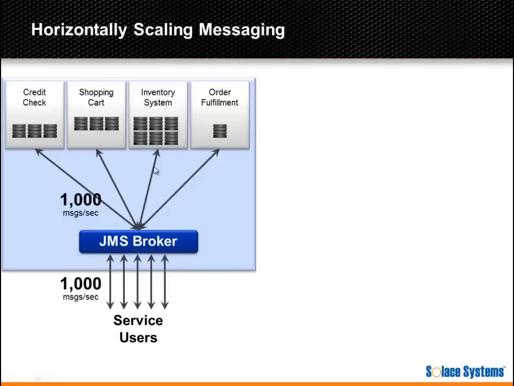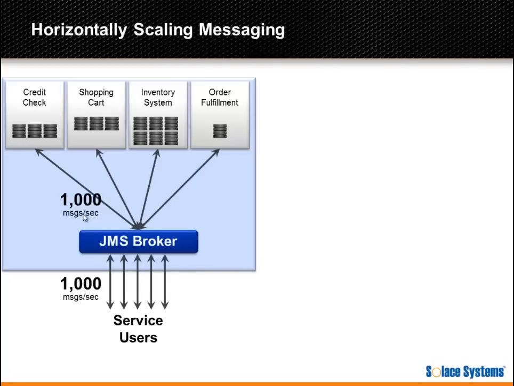In this example, there are more instances of the inventory system than there are of the order fulfillment system. Let's also assume that the JMS message broker can handle 1,000 messages per second in as its maximum rate and 1,000 messages per second out as its maximum rate. As in the previous discussion, if you need to add more processing capacity for a given application, you add more instances and you get linear scalability.